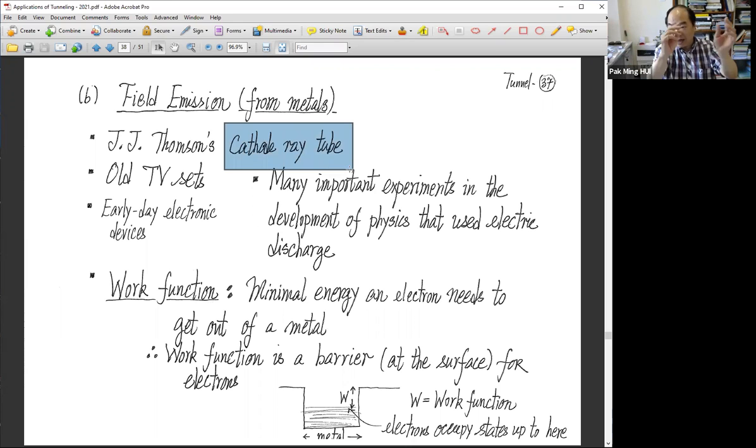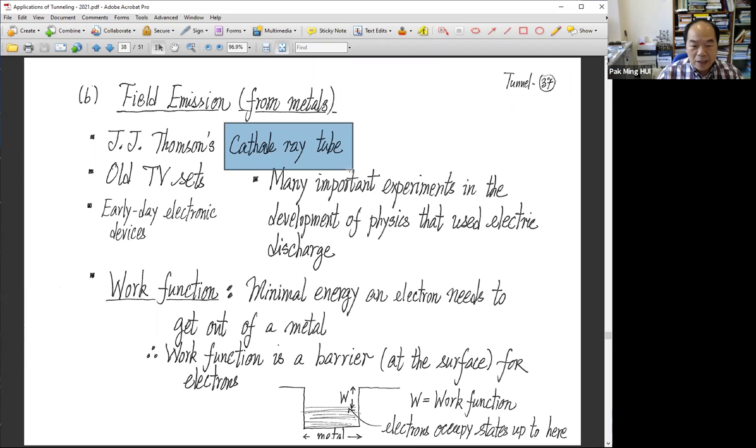You have two electrodes, a cathode and an anode, and then you apply voltage, and electrons fly from one end to the other, okay? For many years, computer monitors and TV sets were designed as cathode ray tubes, with the electrons hitting some fluorescent material on the screen. Therefore, on this end, you can enjoy TV shows.